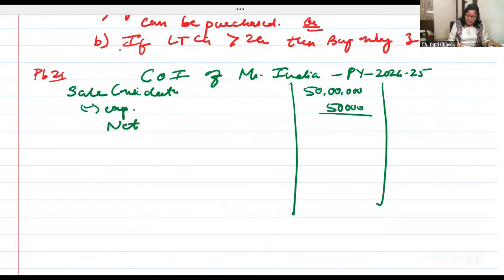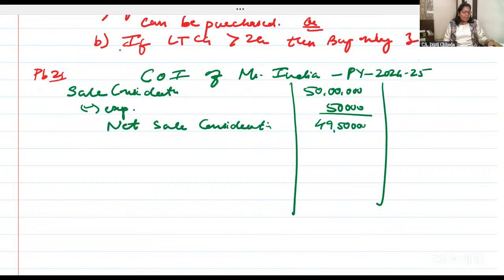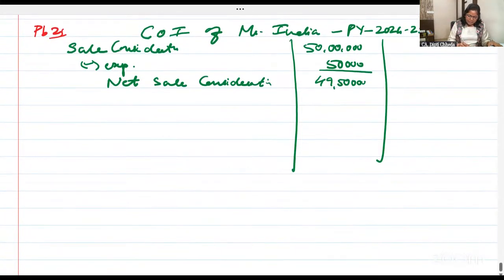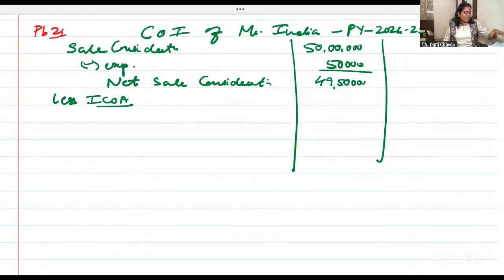So now we have net sale consideration 49 lakh 50,000 less index cost of acquisition. So this property was inherited from father.